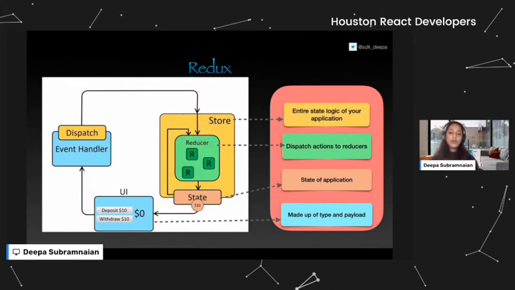An action is packed along with type and payload, which is then dispatched, and it gets to the store, where it dispatches the actions to your reducer. And a reducer is basically a pure function that takes the state of the application and the action that was dispatched, and based on the action type, it changes the UI.